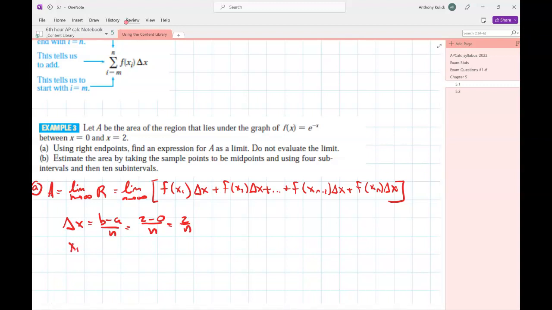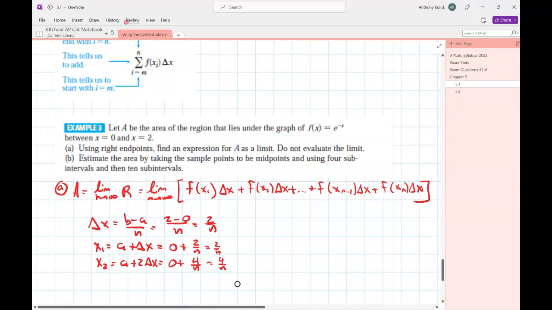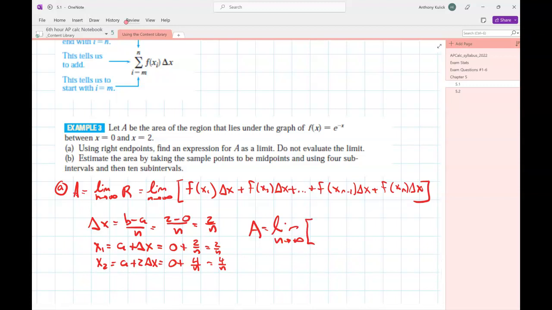I know x1 is a plus delta x, so 0 plus 2 over n. x2 is a plus 2 delta x, so 0 plus 4 over n. And at this point, I have enough of a pattern to where I feel like I can write this out now.